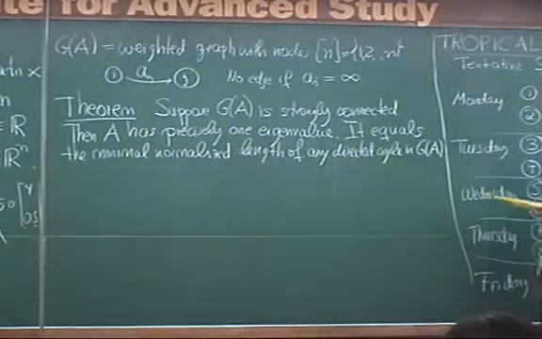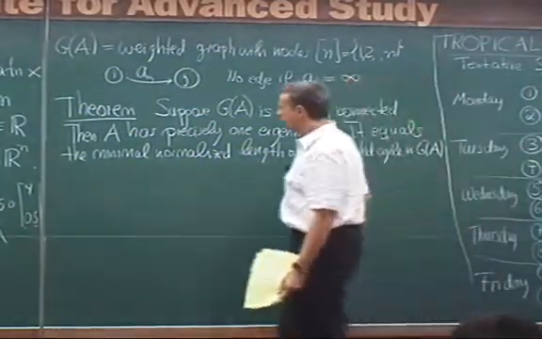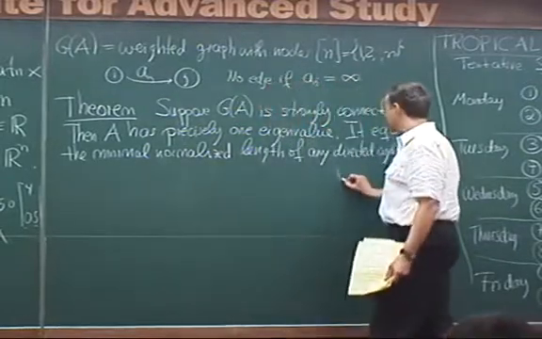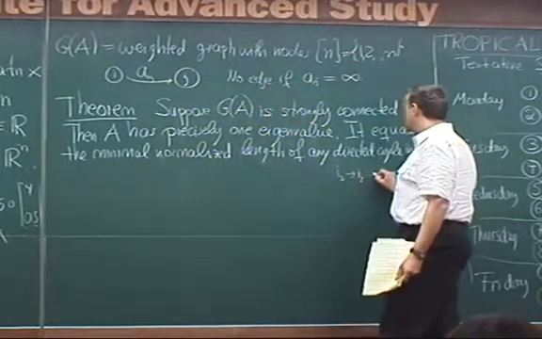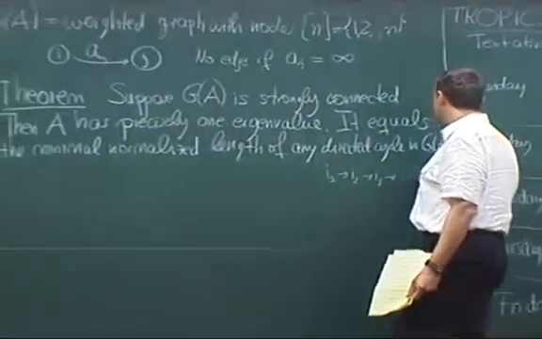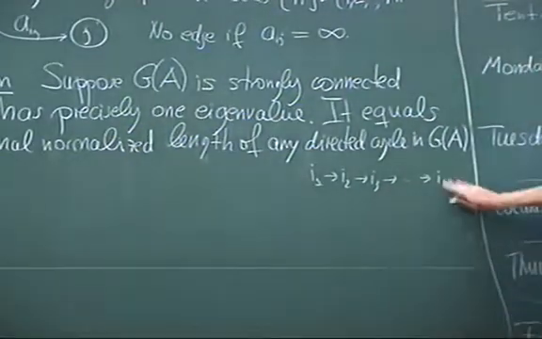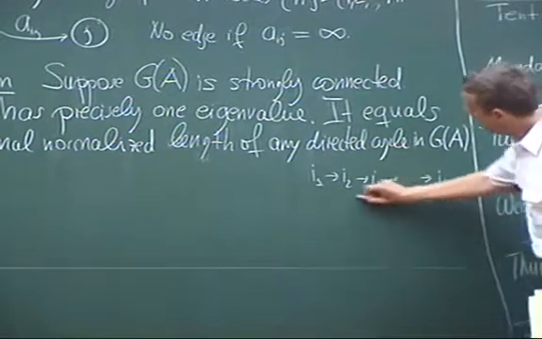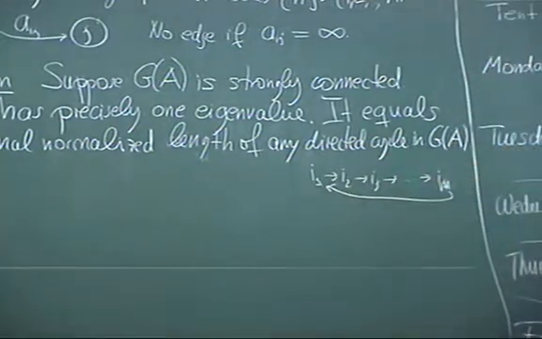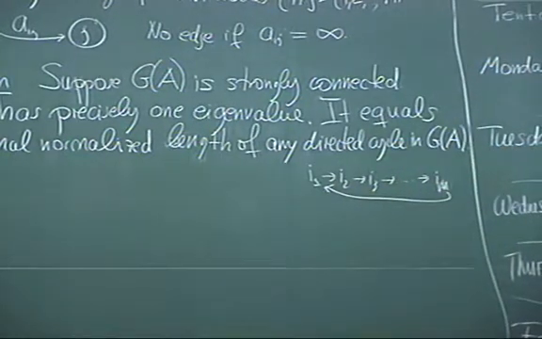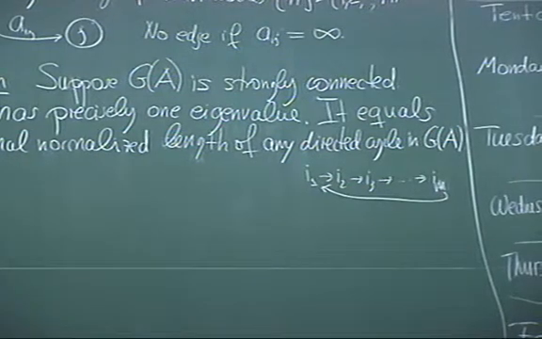So by this I mean the following. Suppose I have a cycle in the graph. A cycle is something like this: i1 goes to i2, goes to i3, and somehow in the end goes to i_m, and then it comes back to i1. So a cycle of length m is a directed cycle.